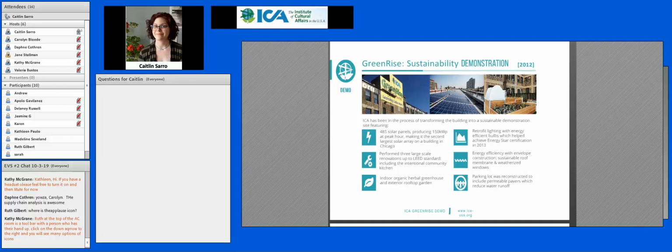Something else of note is that we were able to do a lighting retrofit for our interior lighting systems. We've been Energy Star certified since 2013, and these two initiatives have really reduced a lot of our environmental footprint, to the point where there is an initiative in Chicago called the Retrofit Challenge, and we've already surpassed our goal.